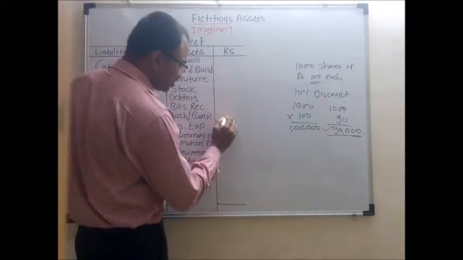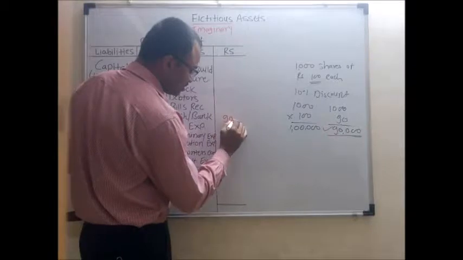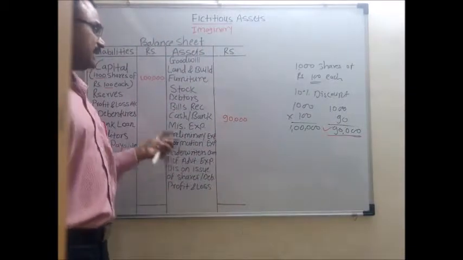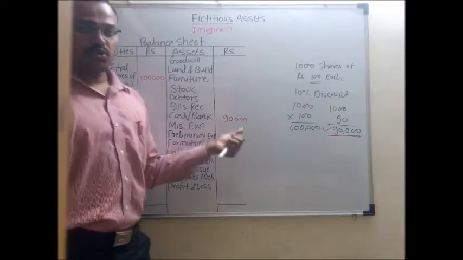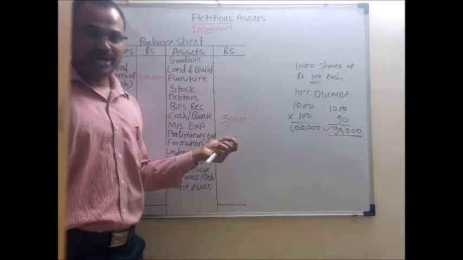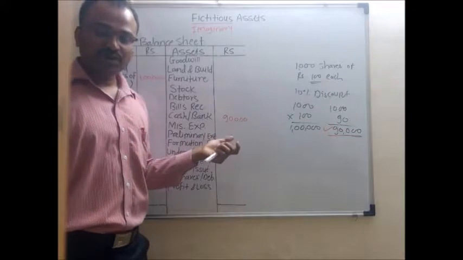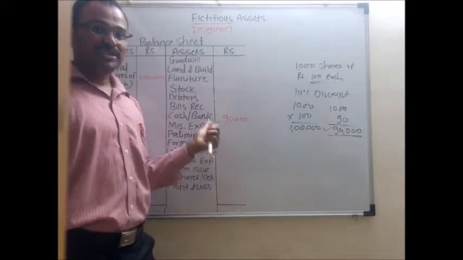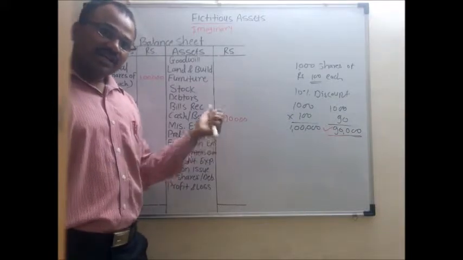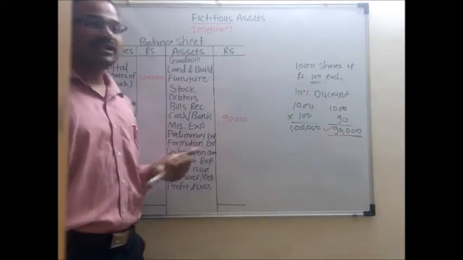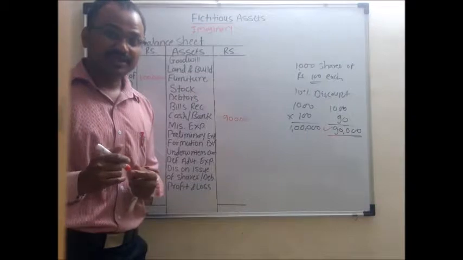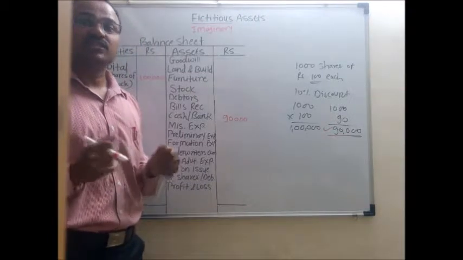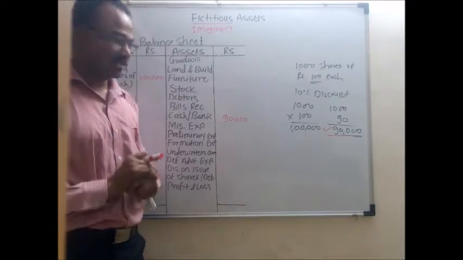So the cash balance or bank balance with my company will be 90,000 only. And as I have sold the shares at a discounted price, the discount on issue of shares is required to be shown on the asset side of the balance sheet under the title of miscellaneous expenditure, and this miscellaneous expenditure is basically the fictitious assets of the business.